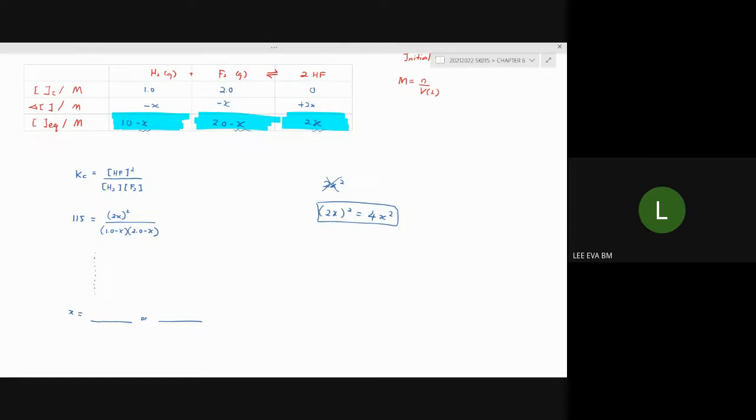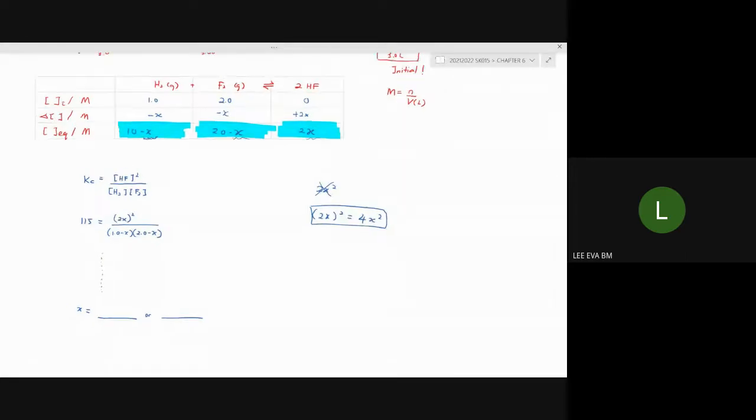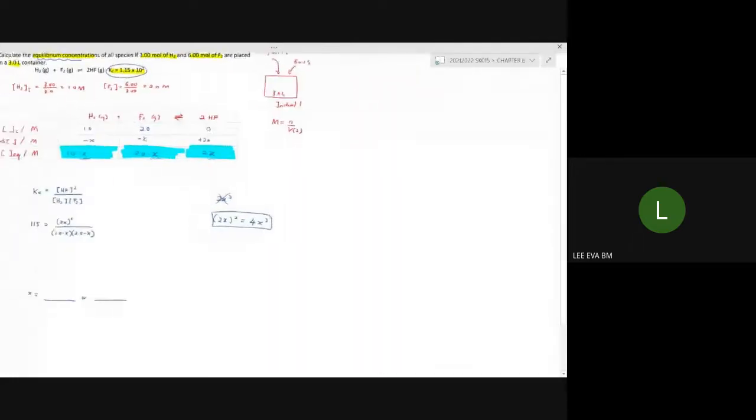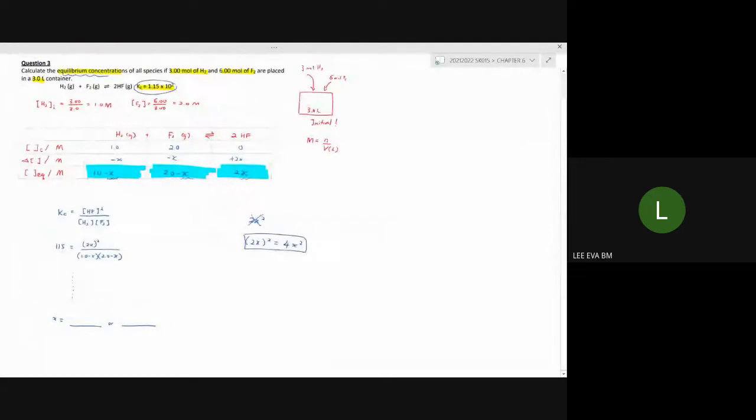If you get a negative value, that means that x value is wrong. So these two values, substitute back and calculate. Only the possible value will be accepted for the concentrations at equilibrium. For this one, I think you are going to take time to solve your quadratic calculation. So I will stop over here.